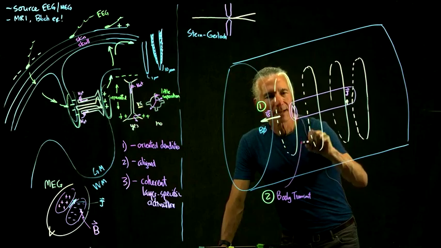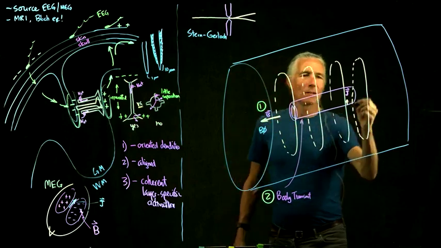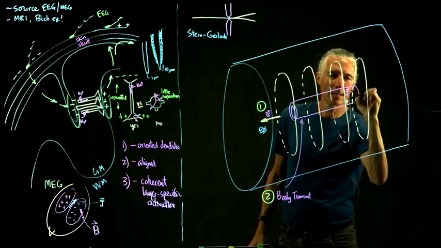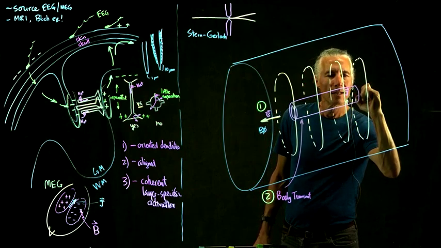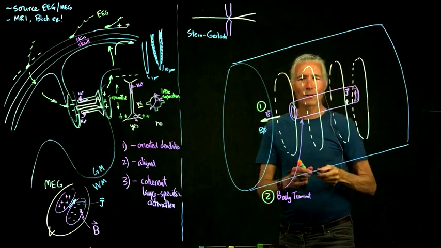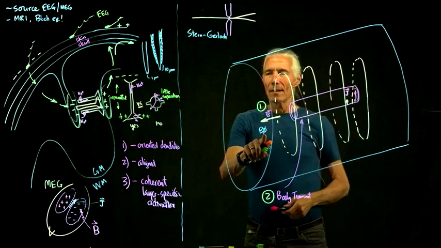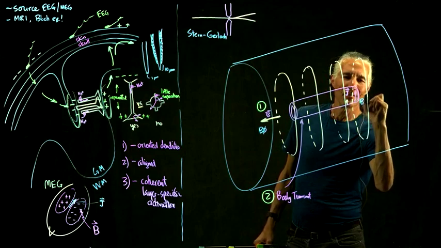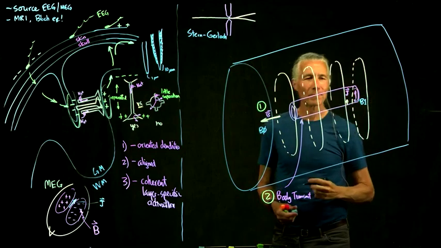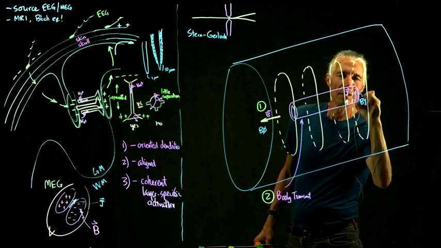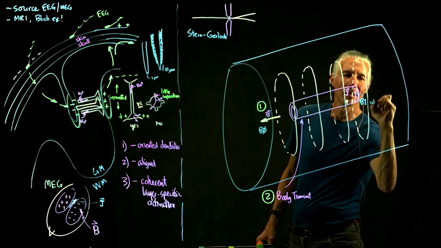That coil generates a magnetic field that's rotating around like that, perpendicular to this other field. And that one is called the B1 field. So that one's a rotating one.